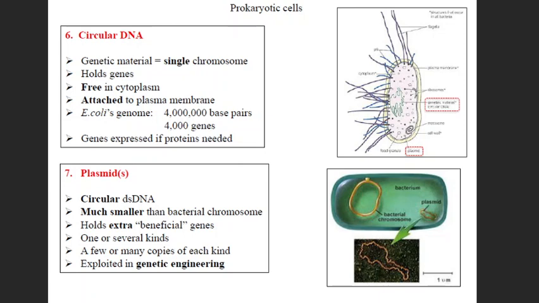Next thing is plasmid. Plasmids are extrachromosomal circular DNA. Extrachromosomal: chromosome means the genome, the genetic material, that is the identity of that particular cell.